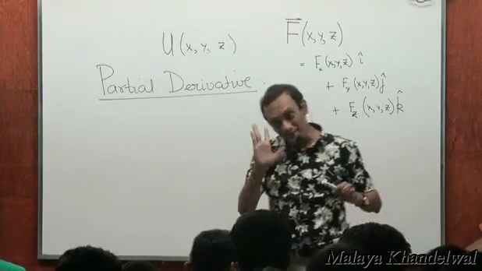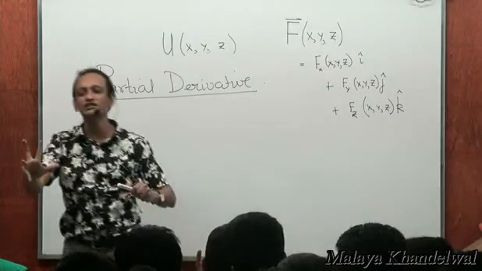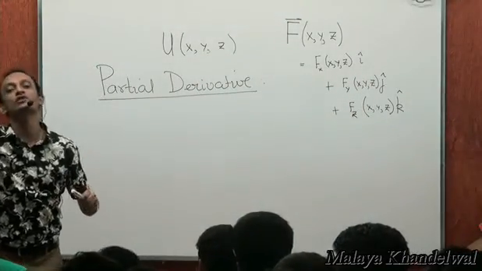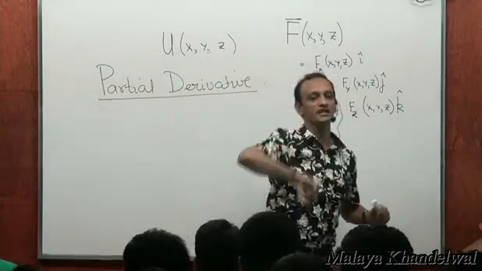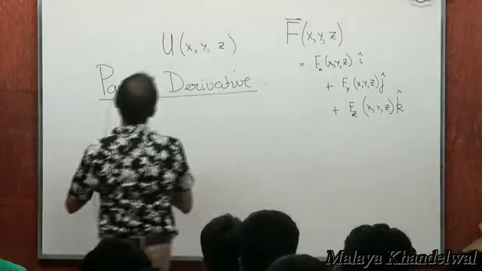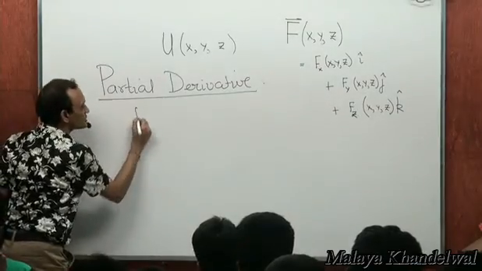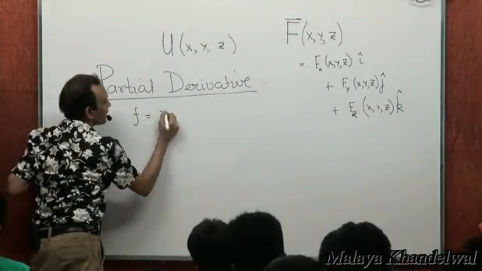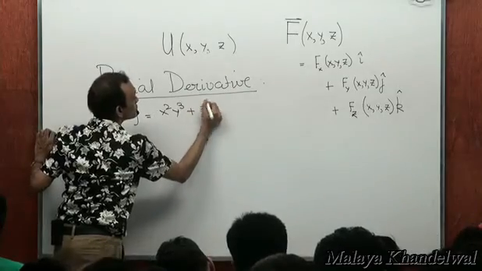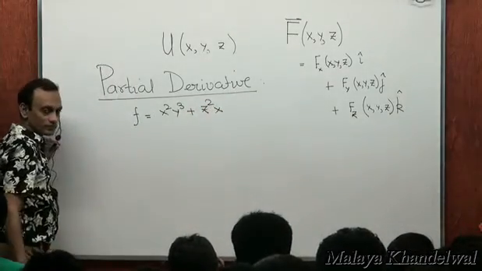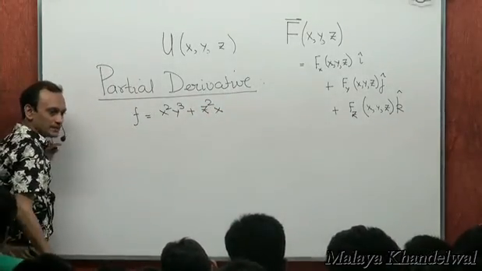Alright? There would be some elements that will remain oblivious at this point, but there would still be an overall feel for things. Okay? So, first of all, what's a partial derivative? Say, if I have a function f, which is, say, x squared y cubed plus z squared x, suppose. This is a function of x, y, z, right?